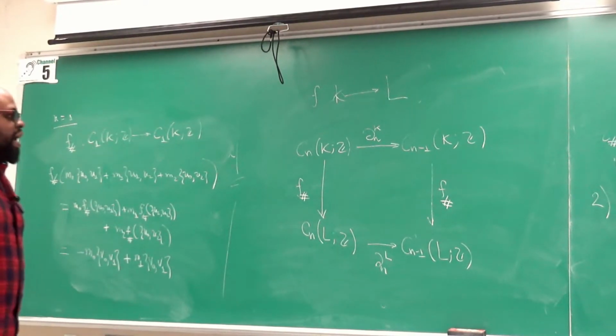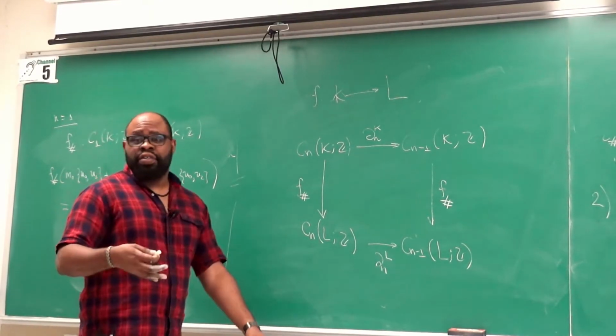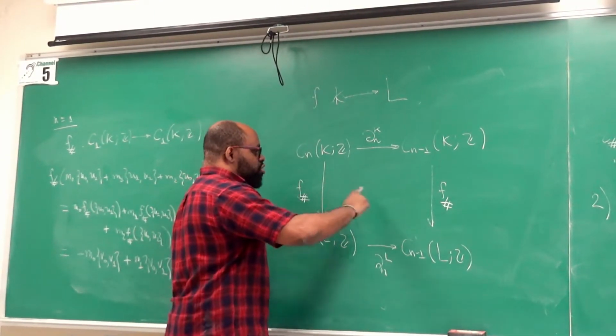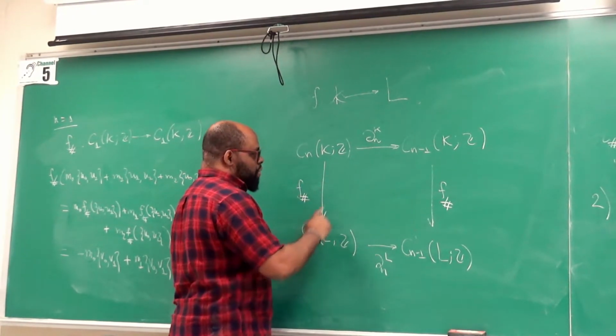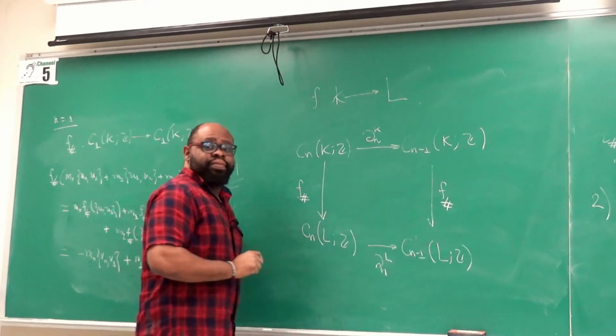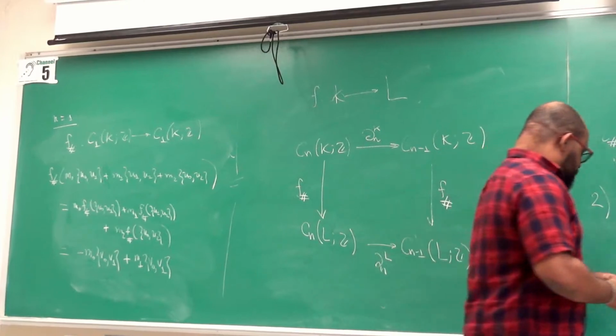So the first question to ask when you look at a diagram like that is, does it commute? In other words, is it true that going right and then down is the same as going down and then right? Okay?